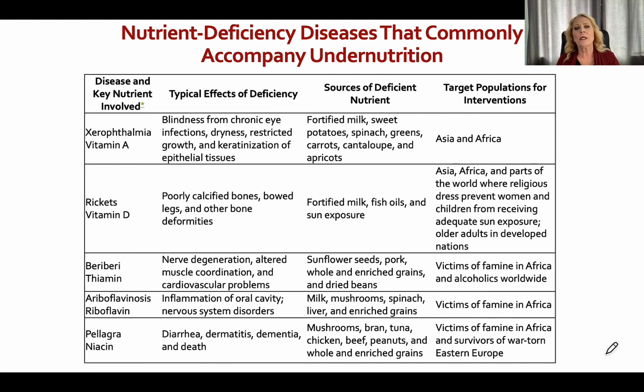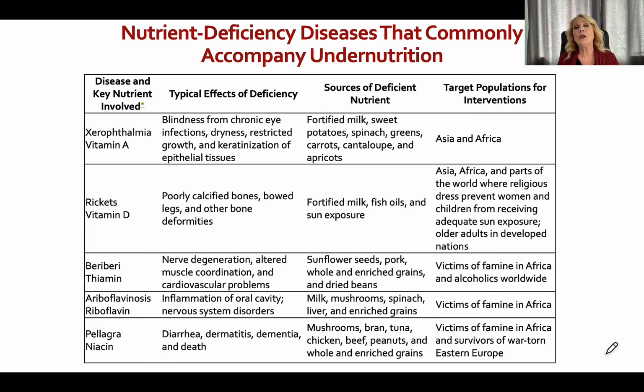This is where you're going to see populations that have a lot of nutrition issues, like Asia and Africa, and we know that we fortify a lot of foods with vitamin A in this country and in other countries, like milk, for instance. But other things like sweet potatoes, spinach, different greens, apricots, cantaloupe, and carrots are all good sources of vitamin A.